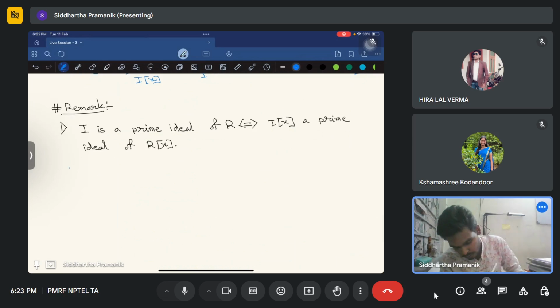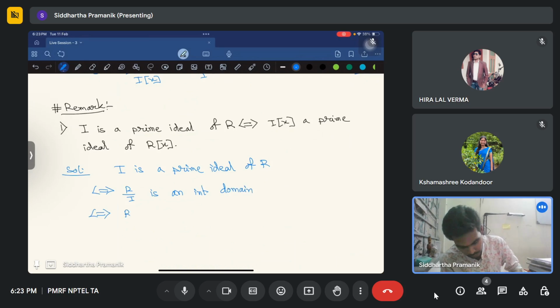That is because I is a prime ideal of R if and only if R mod I is an integral domain, and R mod I is an integral domain if and only if the polynomial ring is an integral domain.